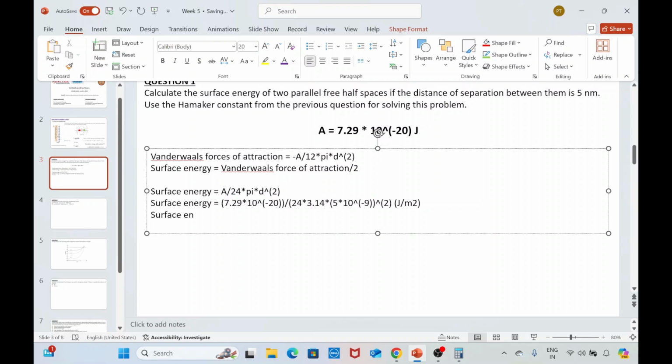So your surface energy is going to be 7.29 times 10 to the power minus 20 divided by 1884 times 10 power minus 18.